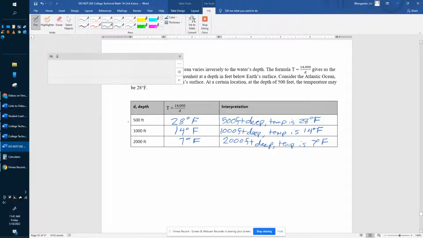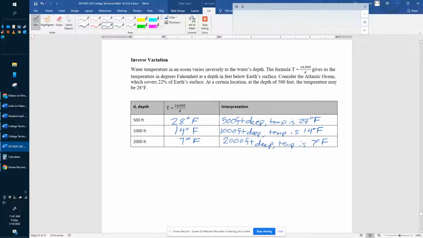So looking at our relationships here. 1000 is 2 times 500. However, 14 is 1/2 of 28. 2000 is 2 times 1000, whereas 7 is 1/2 of 14.